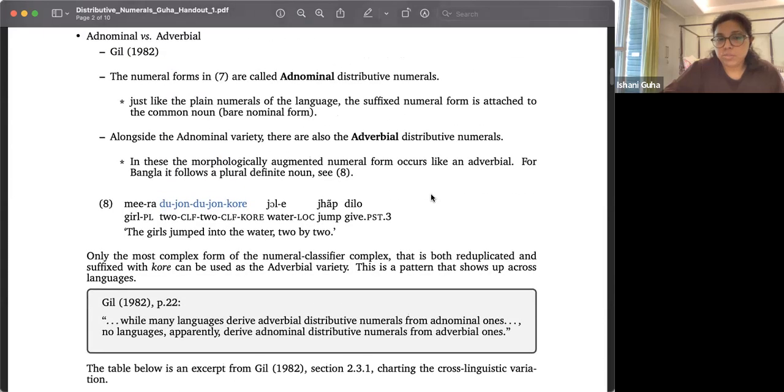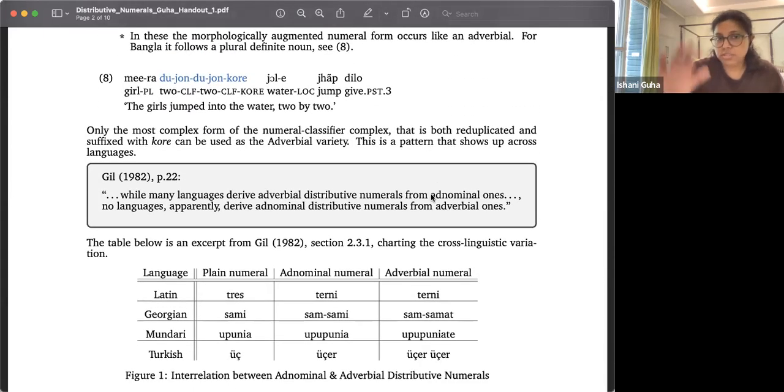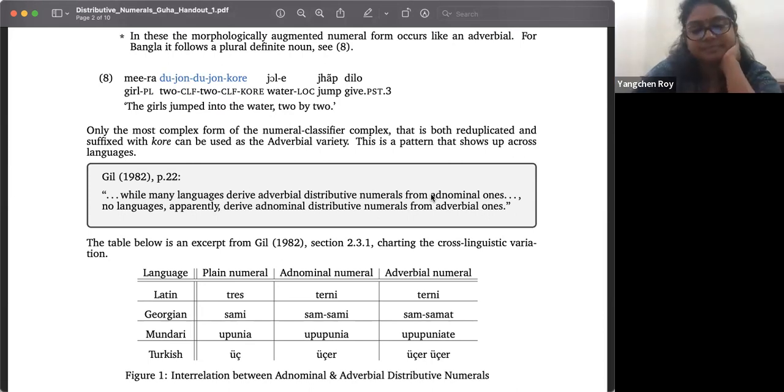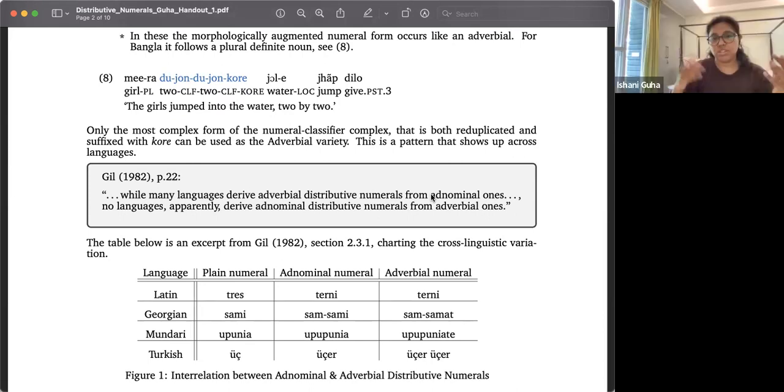So what I'm trying to point out here, let me go back to figure 1, the table first. So you see that these are examples where you have the adnominal numeral. So Georgian, Mundari, Turkish, adnominal numeral, 1 step less complex morphologically. Well, you can't say the same for Georgian because Georgian may be a case thing. So Mundari and Turkish, 1 step derivationally less complex from the adverbial variety, right?